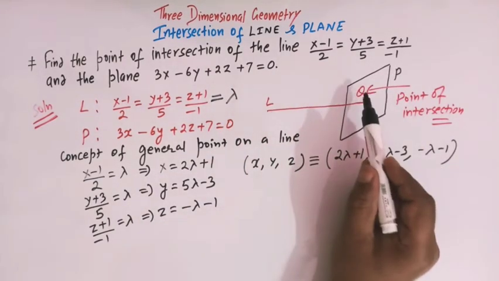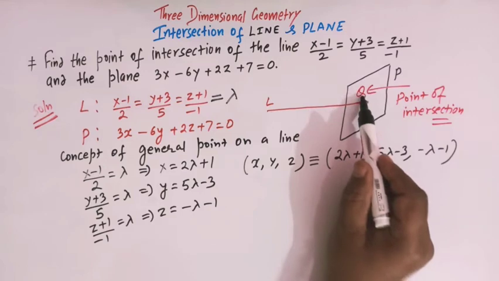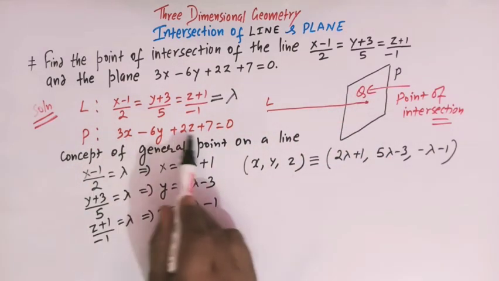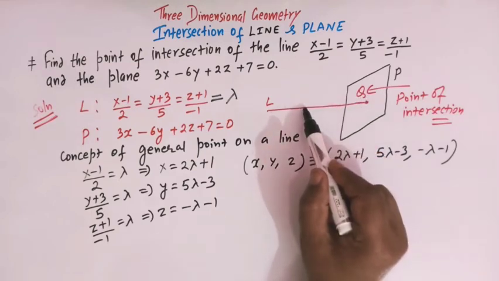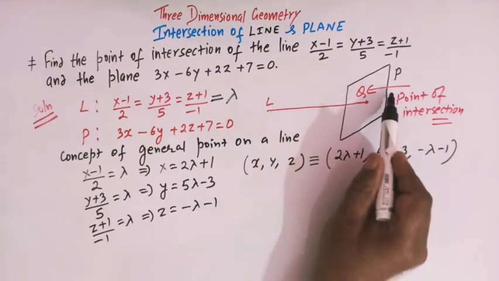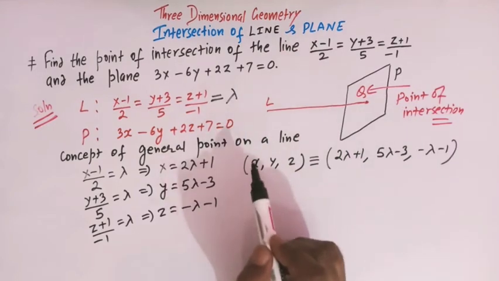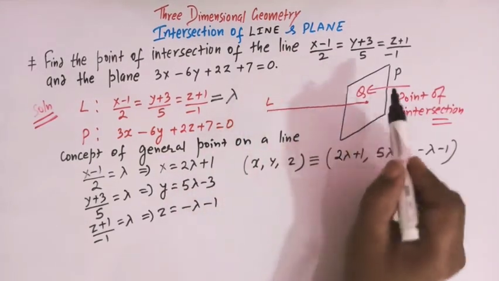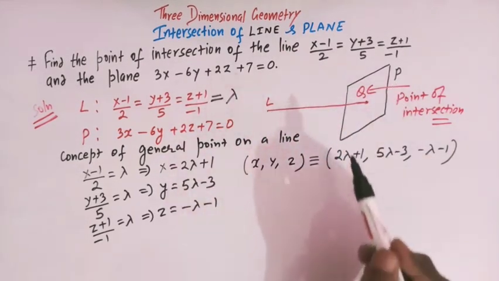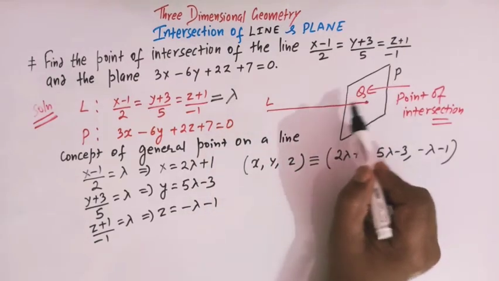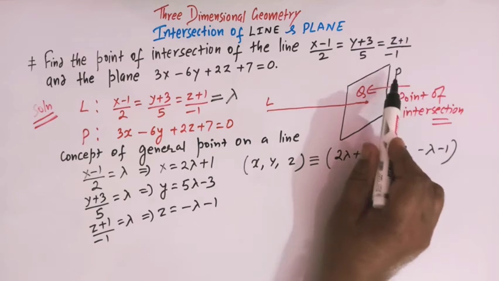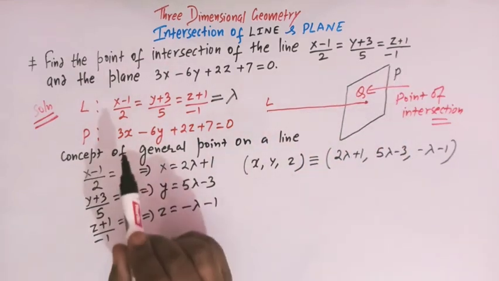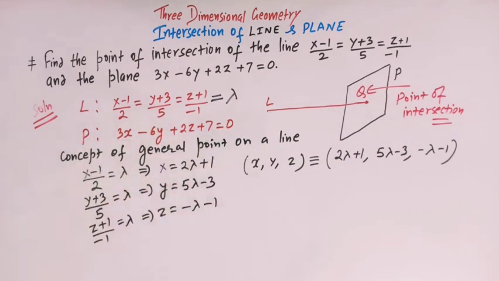So this point Q has to satisfy the equation of the plane, because Q is the point of intersection of the line L and P, so Q is the common point between the line and P. In other words, Q lies simultaneously on the line L and P. So this point Q has to satisfy the equation of the given plane.